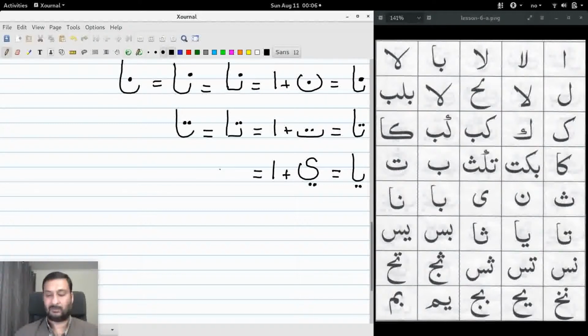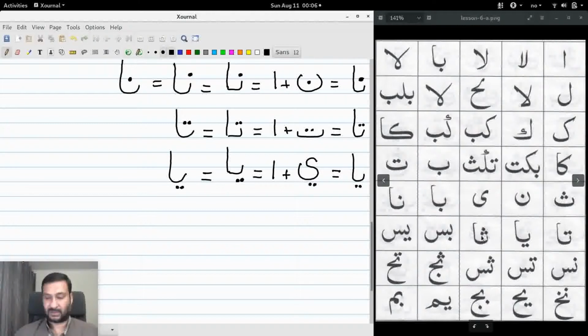And when ya is in the beginning of any word, it takes this form with two dots right next to each other at the bottom, and then there's an alif which joins it, ya alif. In a fluent way, you just write like so, just put two dots beneath, that is ya alif.